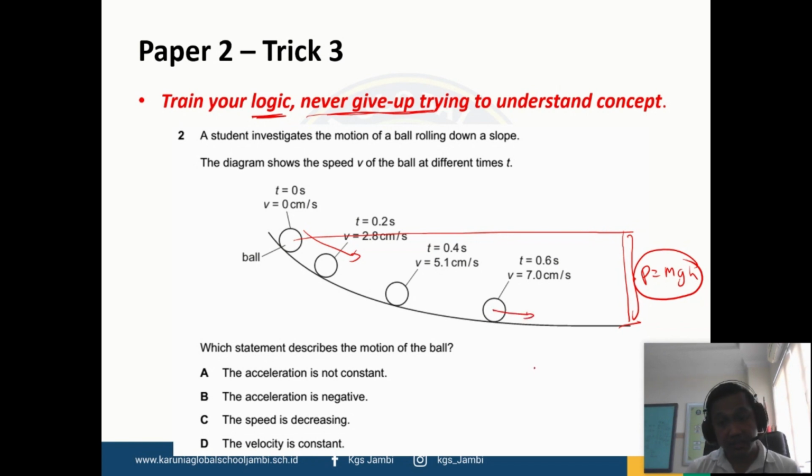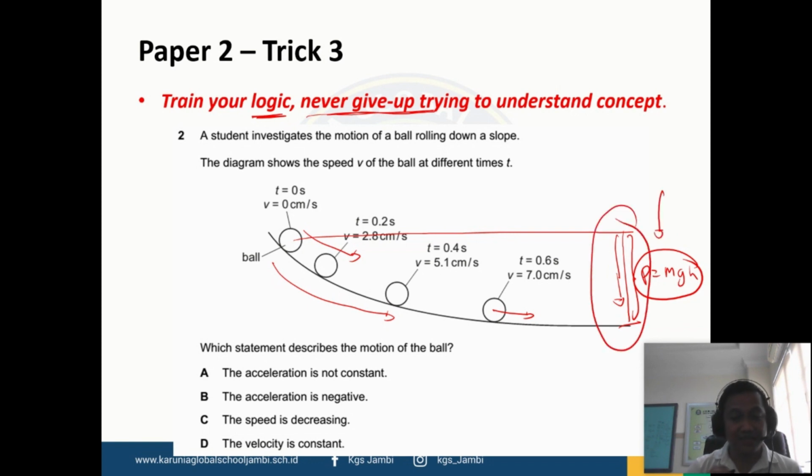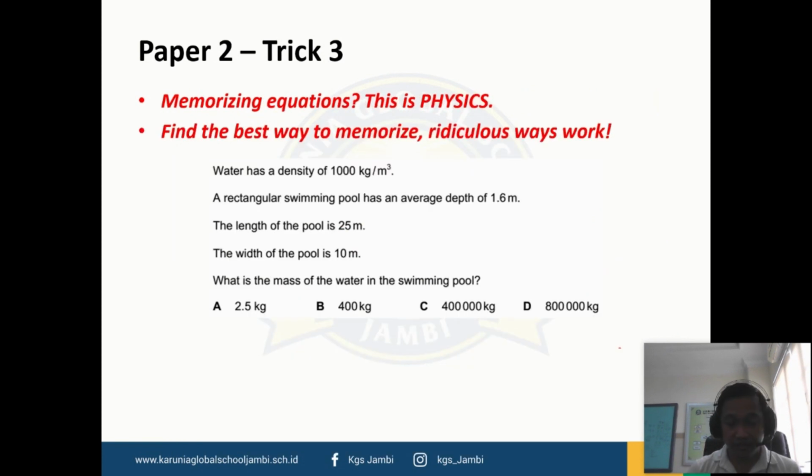When the potential energy turns into kinetic energy, the potential energy reduced becomes the kinetic energy. This is logic. The motion is in this direction, but the concept you need to use is about something that changes vertically.